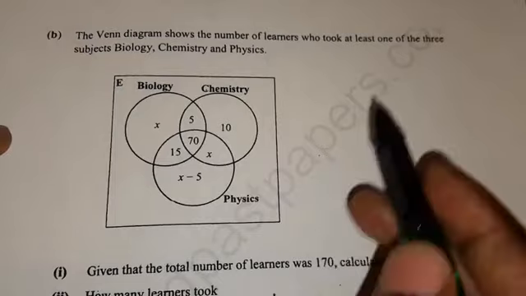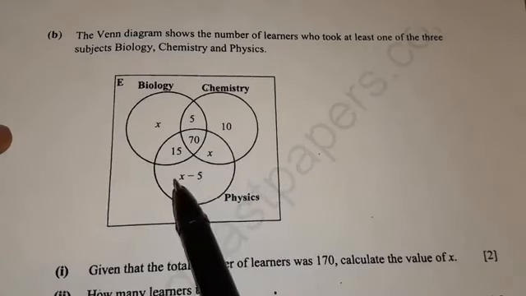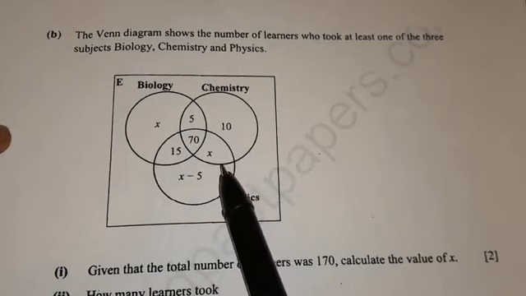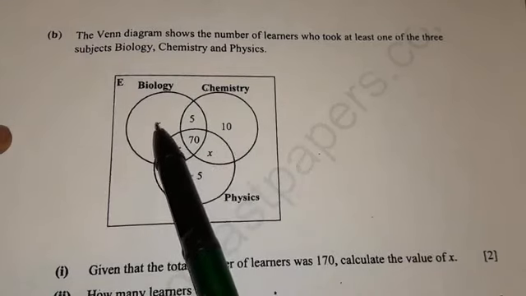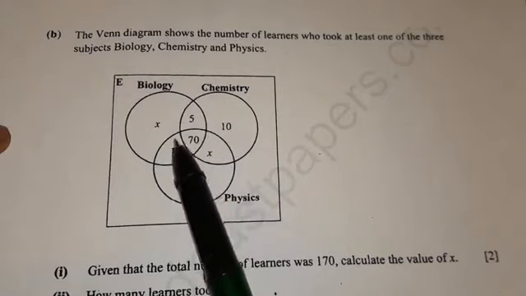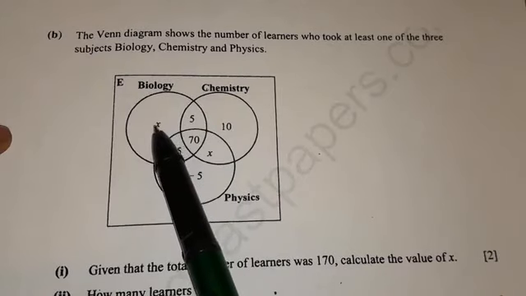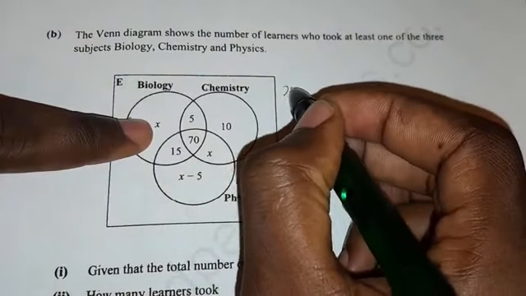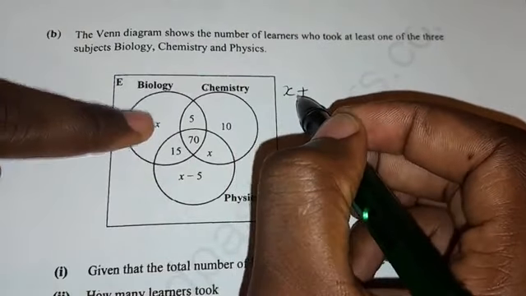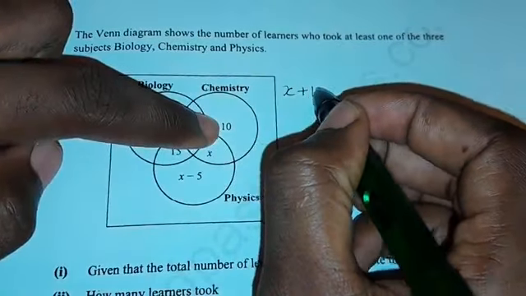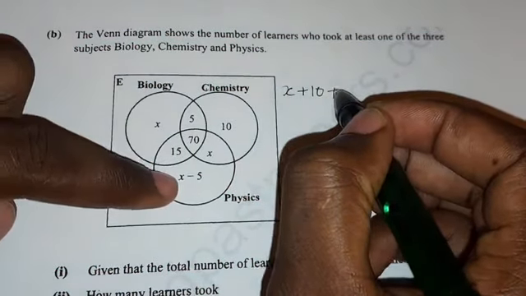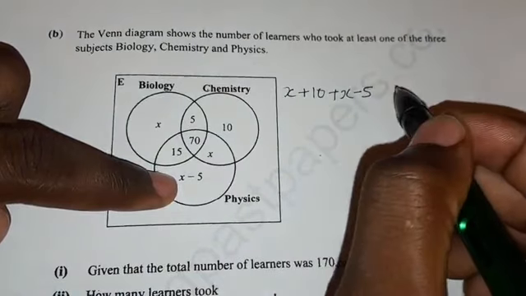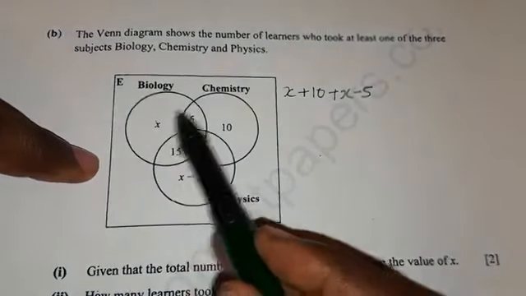You need to be careful when you're adding, more especially when you have three sets. So first of all, let's add these that are not on the intersection so that we don't make mistakes. So we're going to have x plus 10 plus x minus 5. So we are done with these.